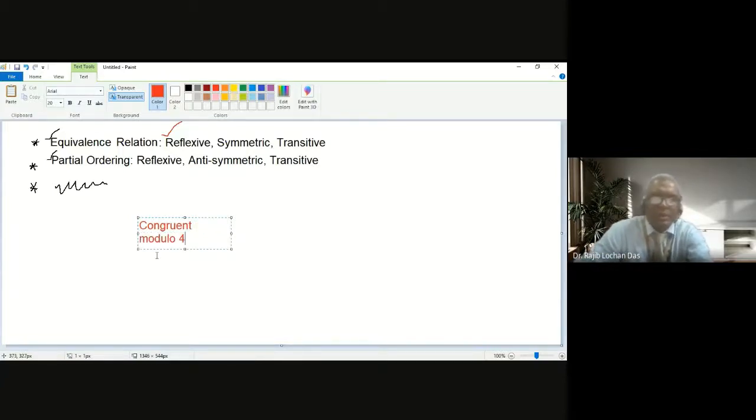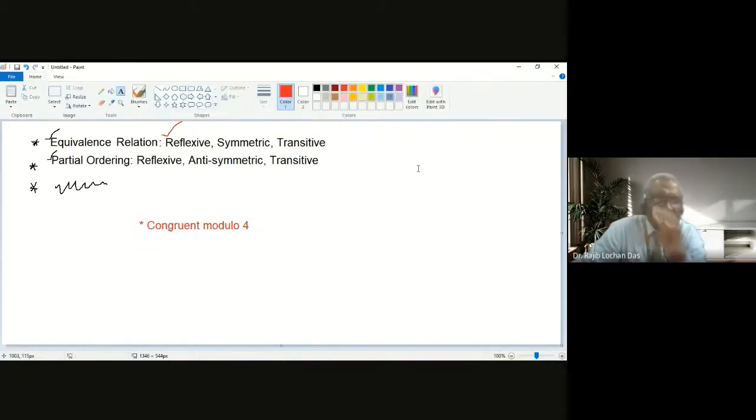So what is the concept of congruent modulo 4 or 3? Try to understand modulo 4. Modulo 4 means mod 4. You already know what mod is, so it should not be a big problem.